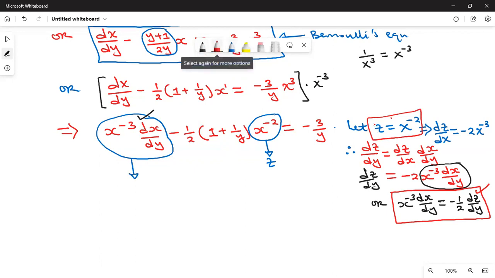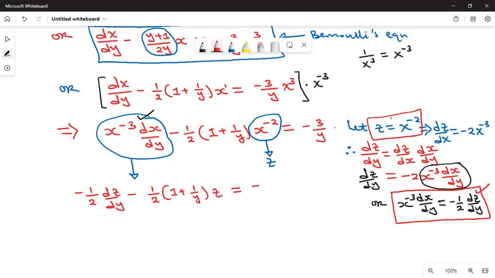Here we have found -1/2 dz/dy, then minus 1/2 times (1 plus 1/y) z is equals to -3/y.